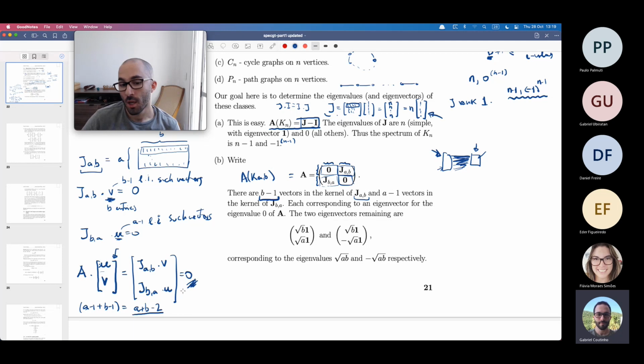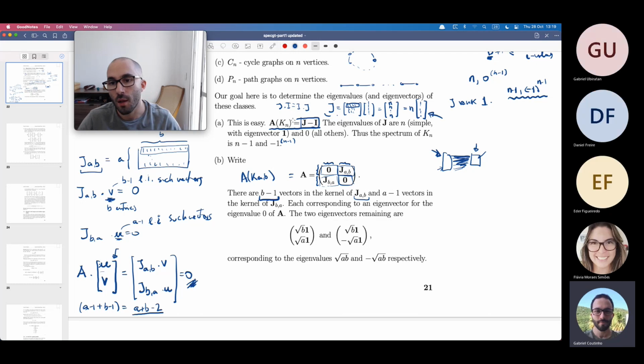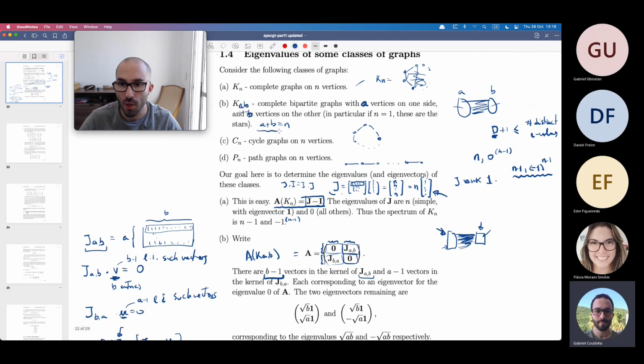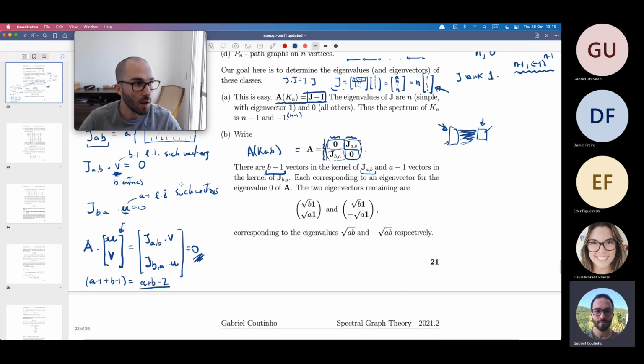So I'm almost there, right? So n, which is the dimension of the space, I have almost found n linearly independent eigenvectors. I need to find 2 more.